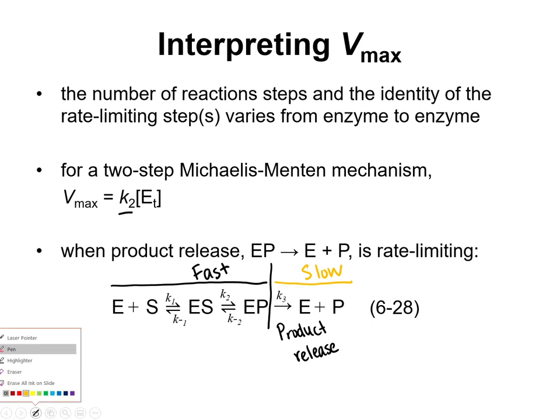So when we're talking about Vmax, it's not always going to be the formation of product. Oftentimes it's actually going to be the release of product, because that is the slowest step and that is usually rate limiting. But again, it depends on the enzyme. While it is common and it is a fair assumption to make, you cannot just go with that assumption as a blanket statement.